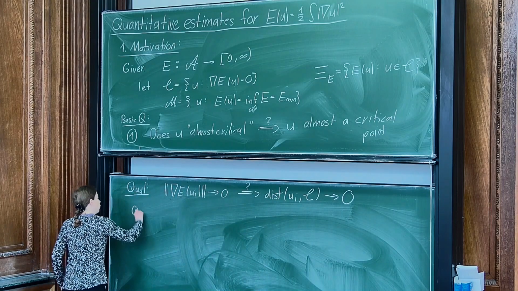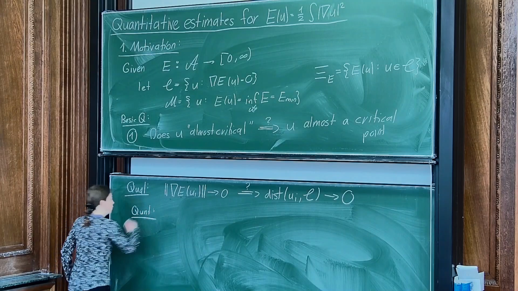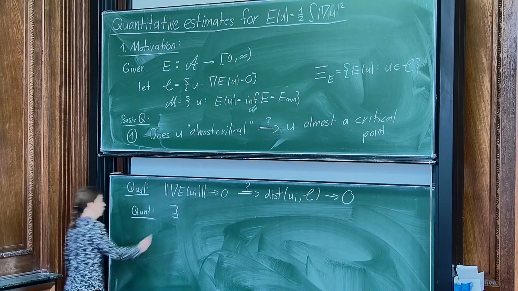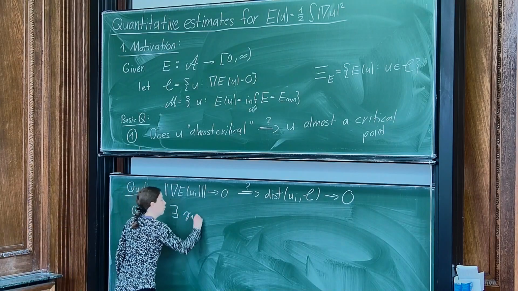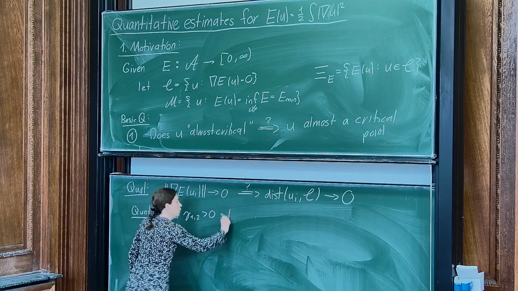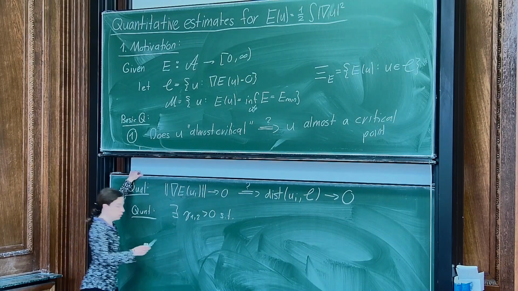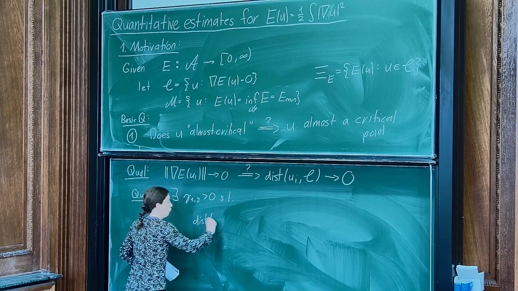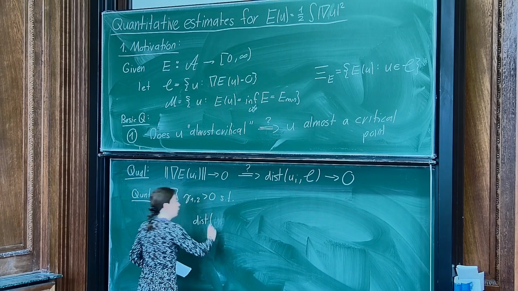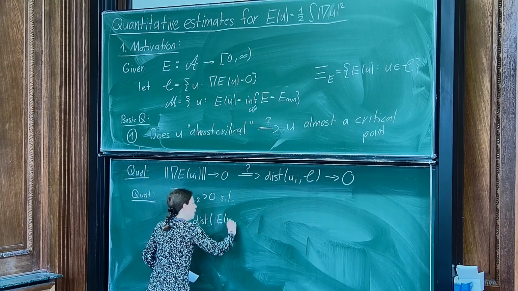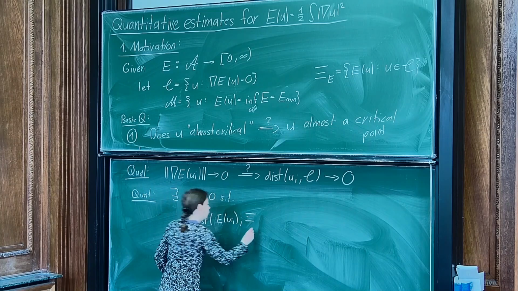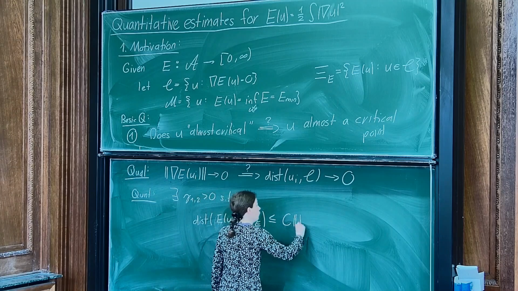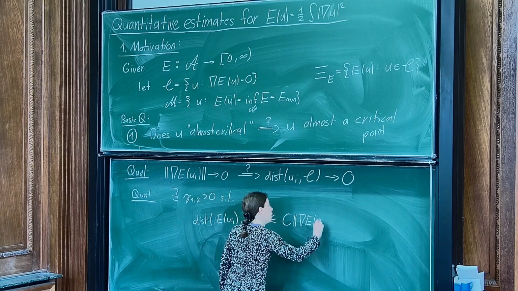So the quantitative version is, does there exist some exponents, which I'm going to call gamma 1, gamma 2 positive, such that I can bound the distance of the u_i's, or let me first start with the energies of the u_i, to the set of critical values by a norm of the gradient to some power.